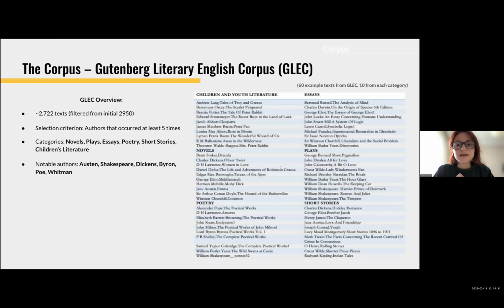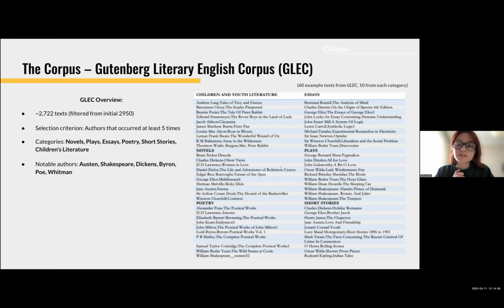The study is based on the GLEC corpus, Gutenberg Literary English Corpus, which is a large structured corpus containing various genres and well-known authors. The only corpus criterion that they state is that only texts from authors that occurred at least 5 times in one of the 6 categories were selected.